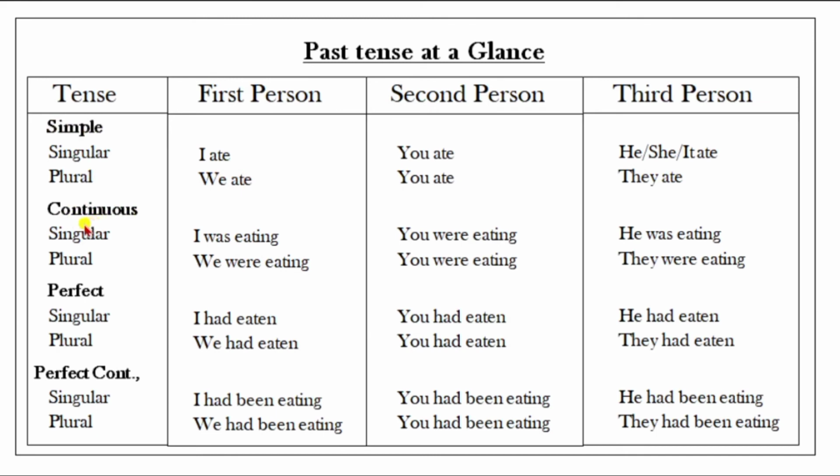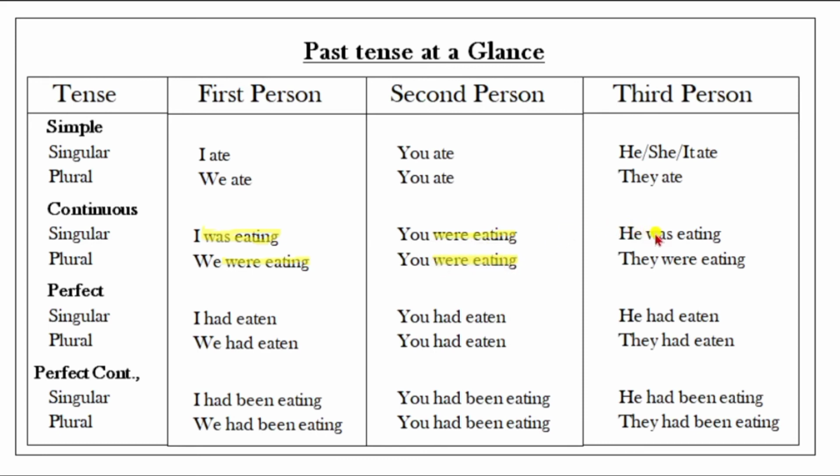Now continuous tense, singular and plural. I was eating, I singular, so I was eating. We were eating, we plural, so we were eating. You were eating. That means for singular and plural also, only were we are using after you.